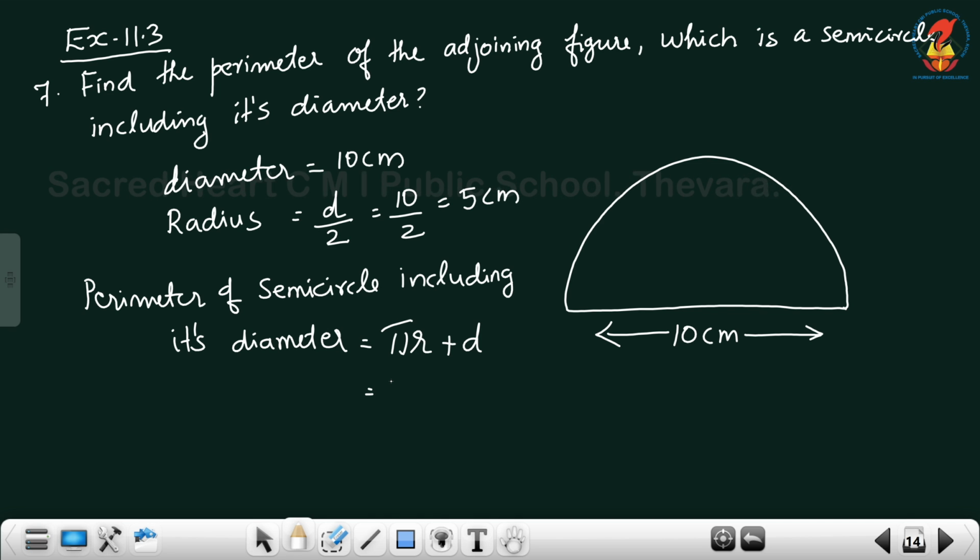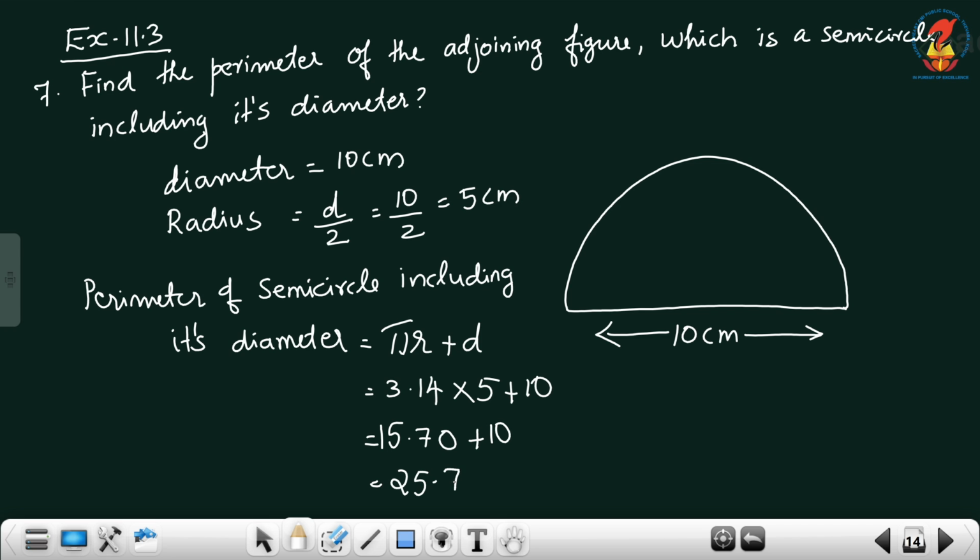Pi equal to 3.14 into r, which is 5, plus 10. That is 15.70 plus 10 equal to 25.70 centimeter. This is the perimeter of this figure, including the diameter.